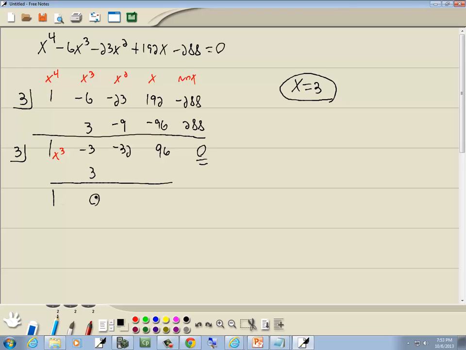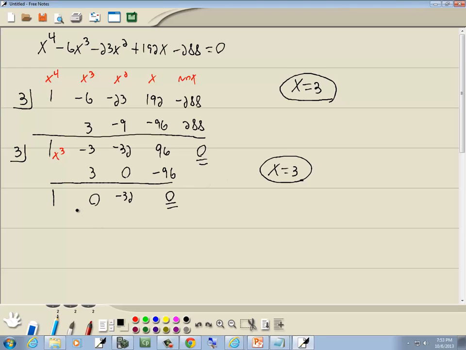Add, -3 plus 3 is 0. Multiply, 3 times 0 is 0. Add, -32 and 0 is -32. Multiply. 3 times negative 32 is negative 96. Add. 96 minus 96 is 0. Since we found a zero remainder, that means that x equals 3 is our second answer.